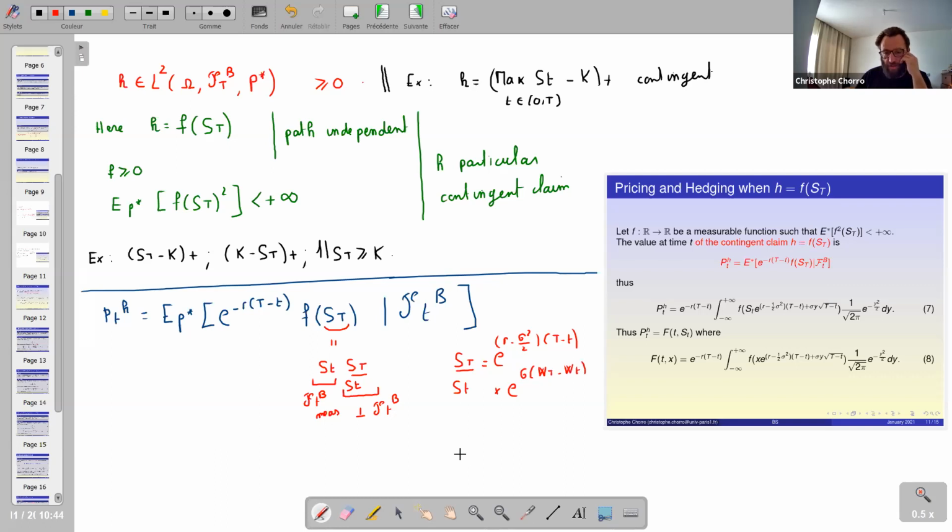I have this because I work under P star, so we use the dynamics of the asset under P star, expressed using the Brownian motion under P star.